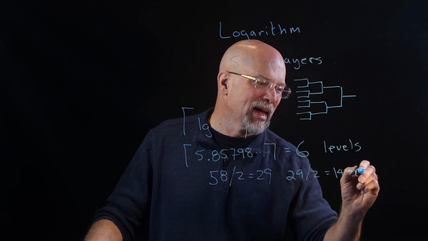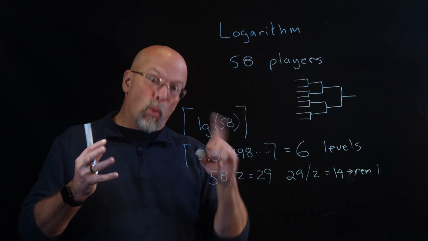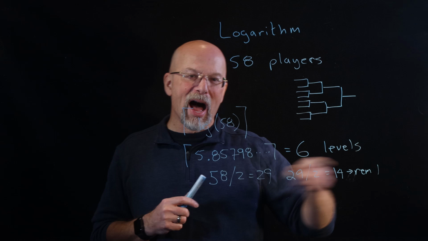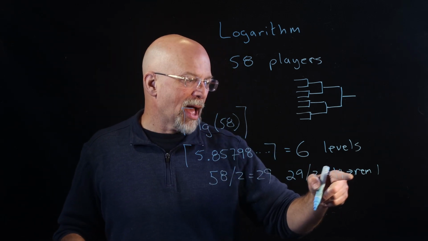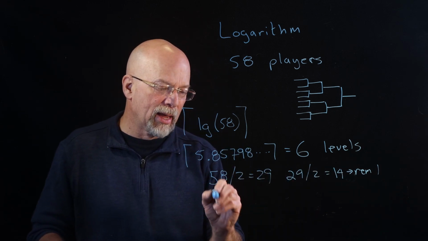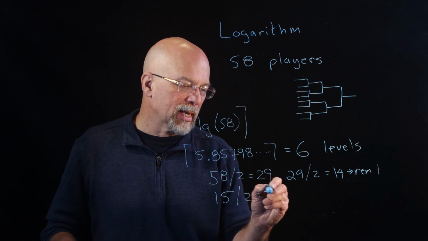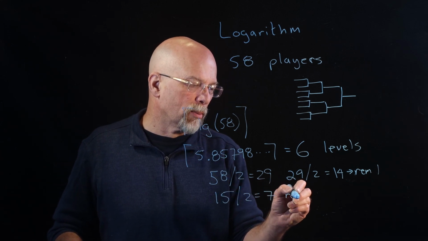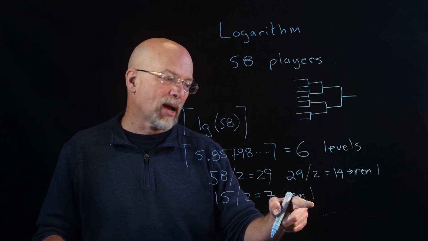What we're looking at is a remainder of 1. And that remainder, that's the one person that got a bye in this second level. Now, that means you have 14 winners of 14 games plus the one person who got a bye. That's 15. Divide that by 2, and what you get is 7 with a remainder of 1.